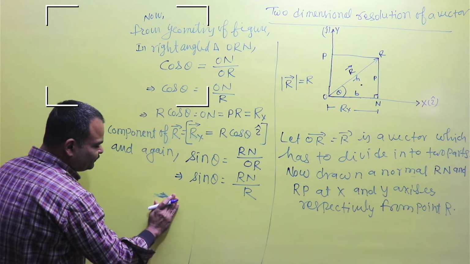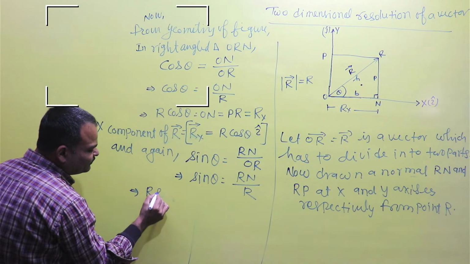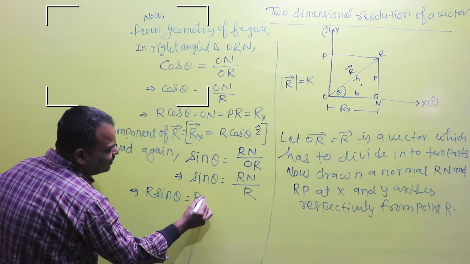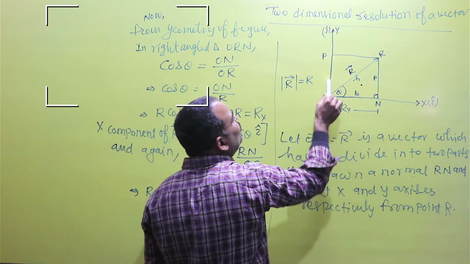So we can take here that R sine theta is equal to Ry. Ry is equal to R sine theta, which is equal to OP.